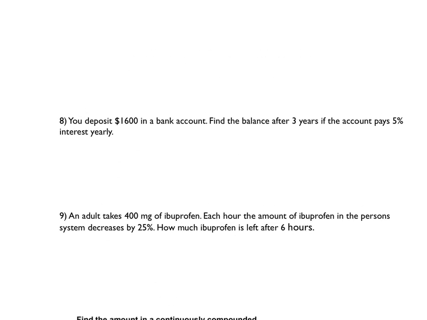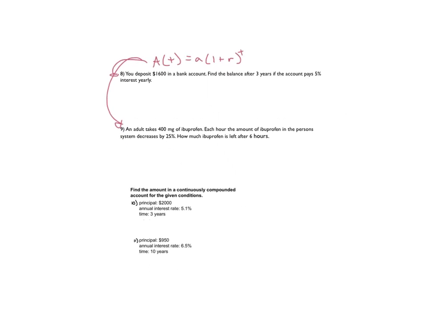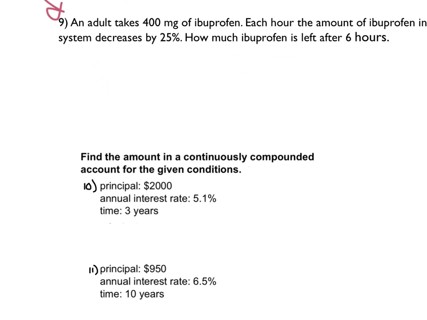Number 8 and number 9, you're going to use the first formula that we went over. So A of t is equal to our amount that we start with times 1 plus our rate raised to the t. So you're going to use this formula for 8 and 9. And then for 10 and 11, you're going to use A of t is equal to P times e to the r t.